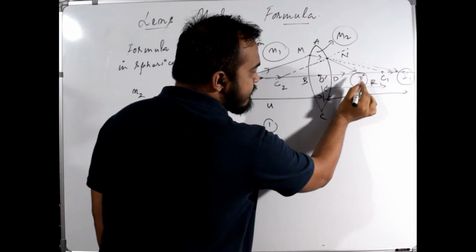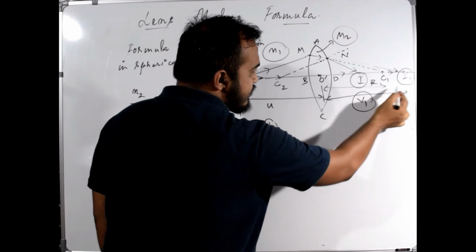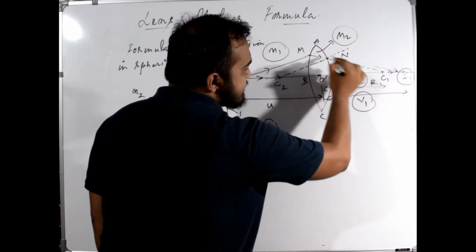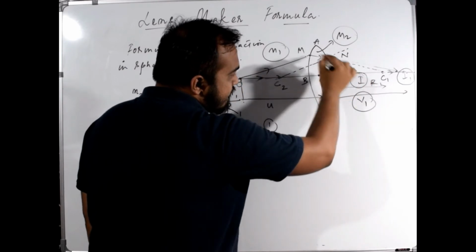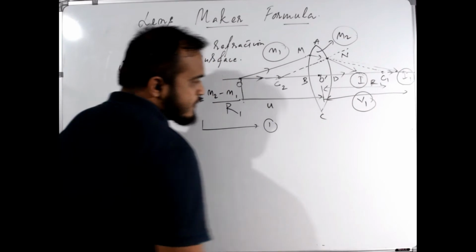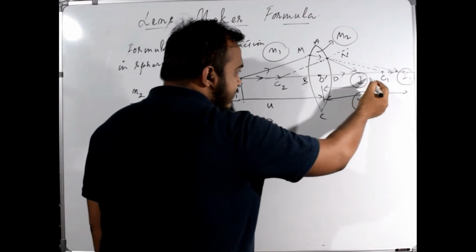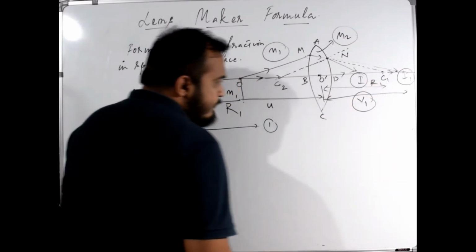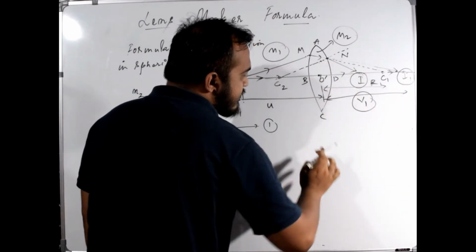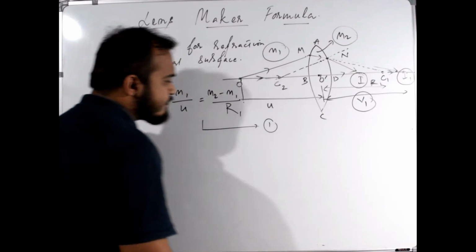I1 will act as an object for this surface, and finally the image will be produced here. So I is the real image, and I1 is the object for the surface ADC.